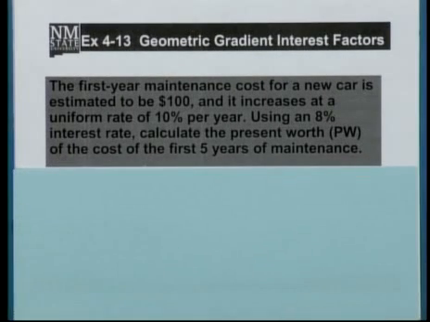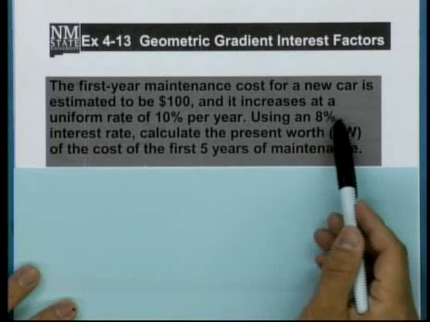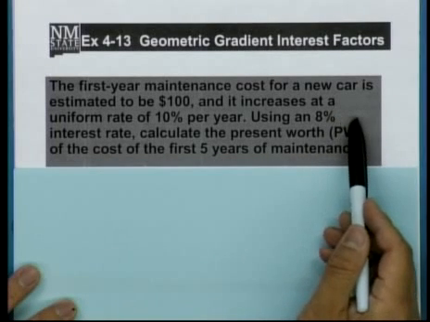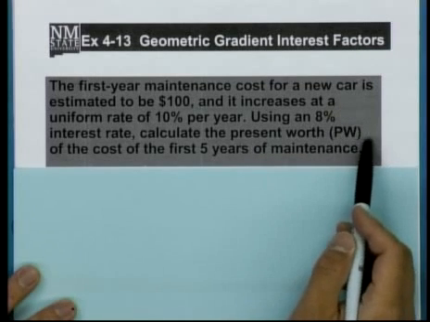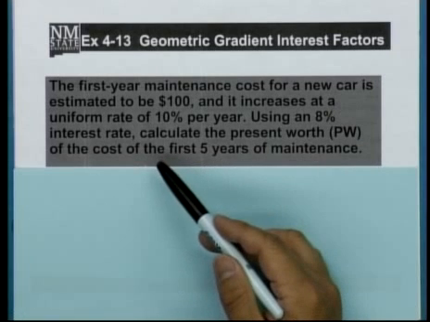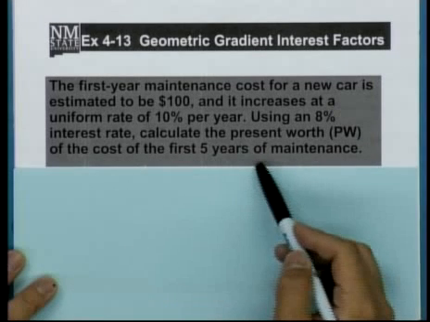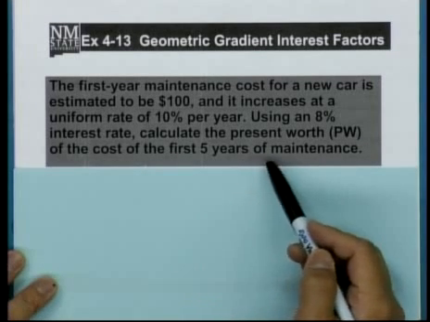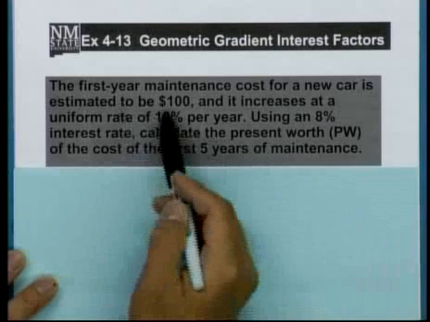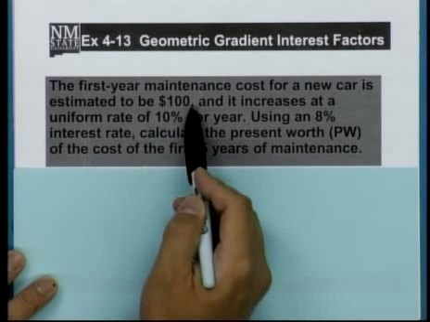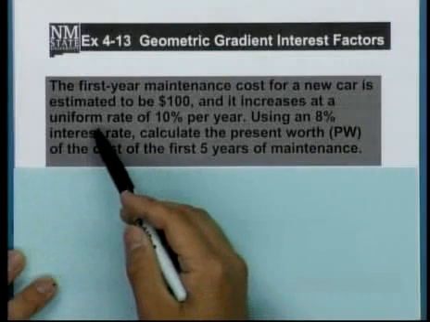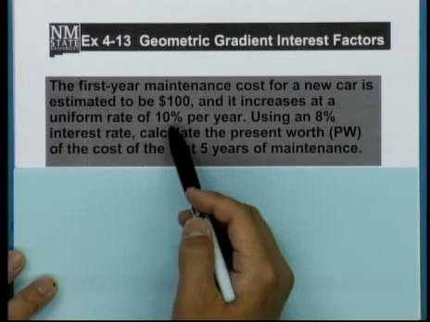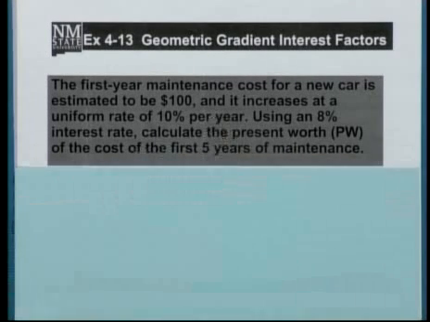Okay, so we are using 8% of interest rate, and we want to calculate the present worth, PW, of maintenance cost of the first 5 years, where the first year cost is estimated at $100, and it increases at a constant rate of 10% per year, right?